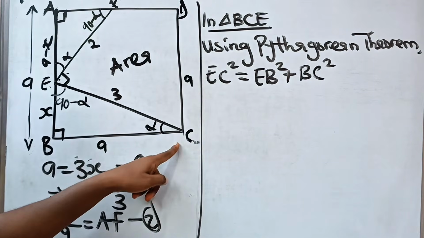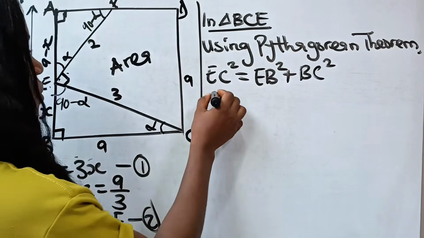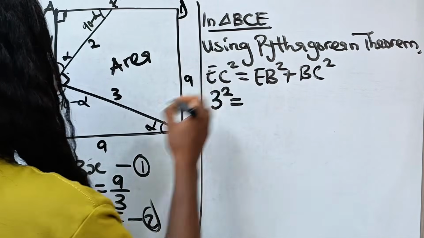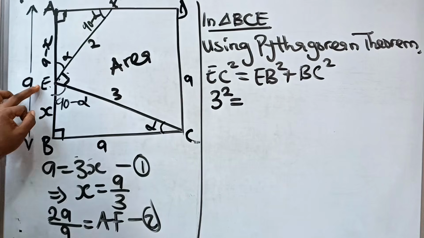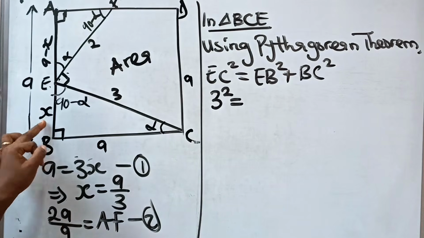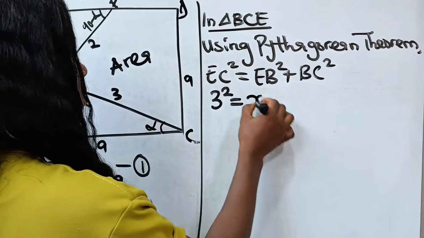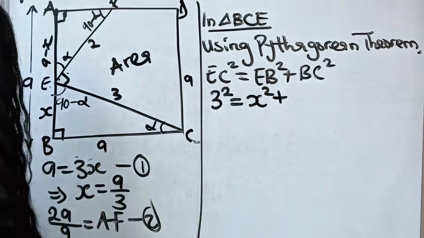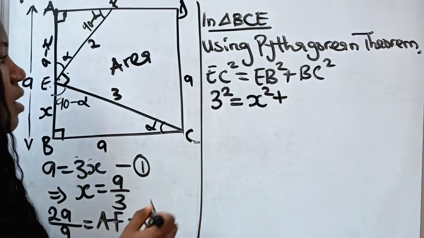So EC is 3, so we have 3 squared. EB, we have X. BC, we have A.